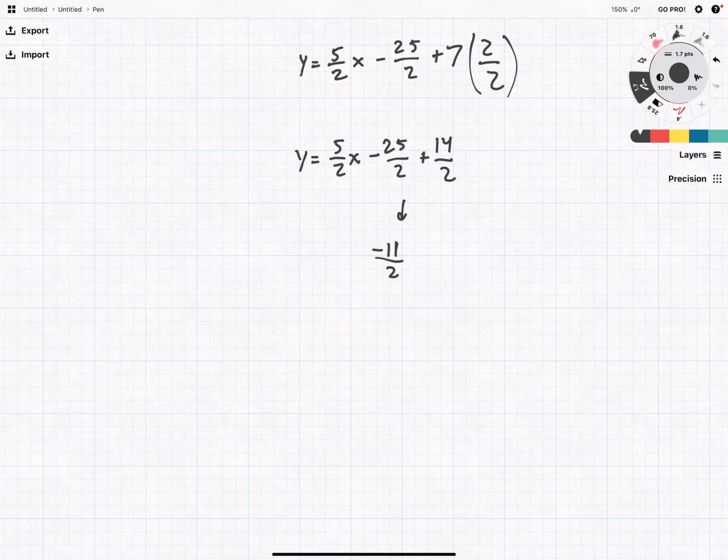And so our final function for this is going to be y equals 5 halves x minus 11 over 2. And this is for the range that they're asking. This is for x from 1 all the way up to positive 5.